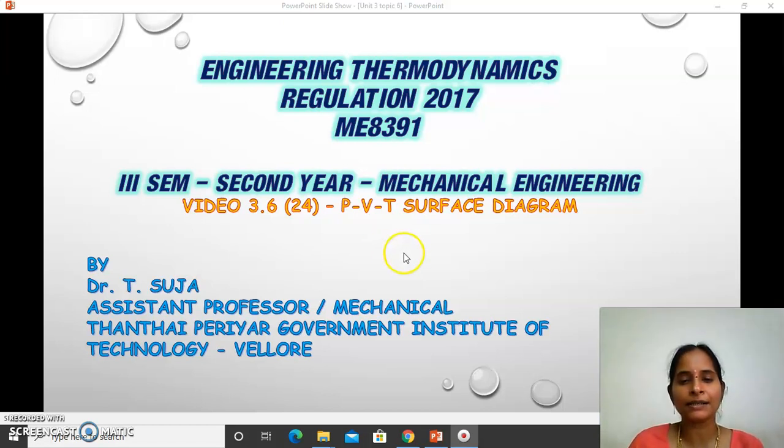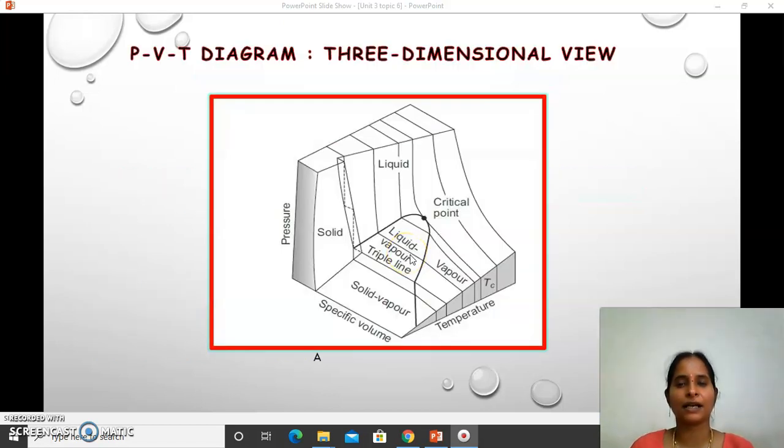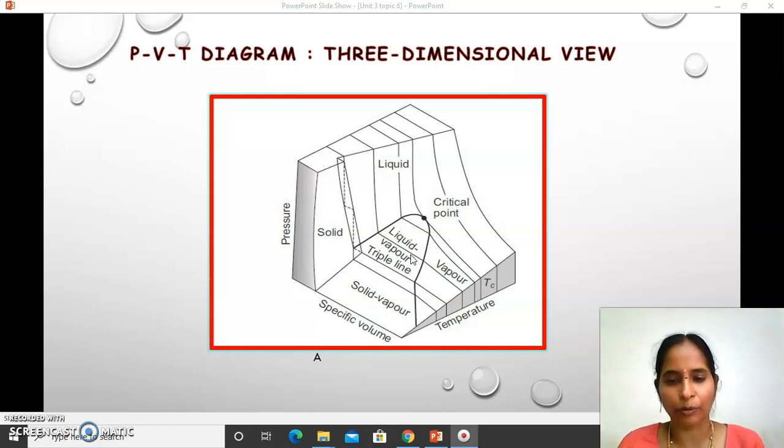The importance of this PVT surface diagram is you can see the variations of pressure, volume, temperature in a single coordinate, that is a single diagram or plot, by which you are able to see when and at which place the various phases occur, and they are coexisting and reaching the equilibrium condition.